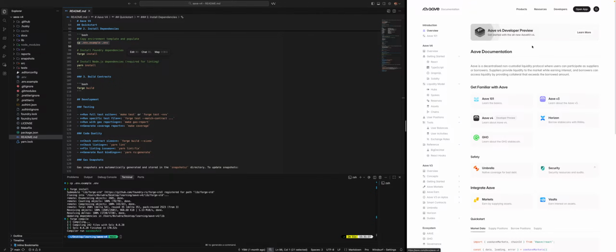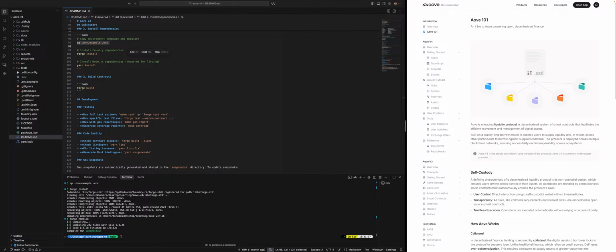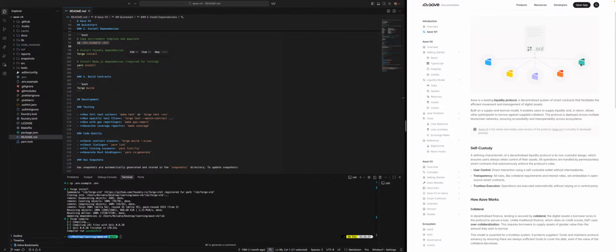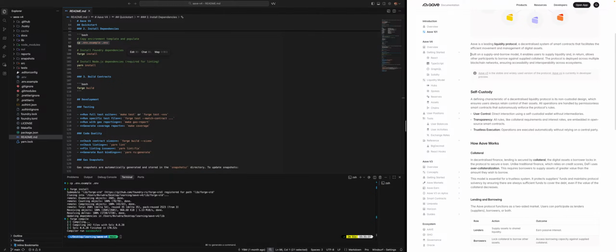On the new Aave Kit repo, users can participate as suppliers, borrowers, and so on. Okay. So Aave is a leading liquidity protocol, a decentralized system of smart contracts that facilitates the efficient movement and management of digital assets, built on a supply and borrow model.